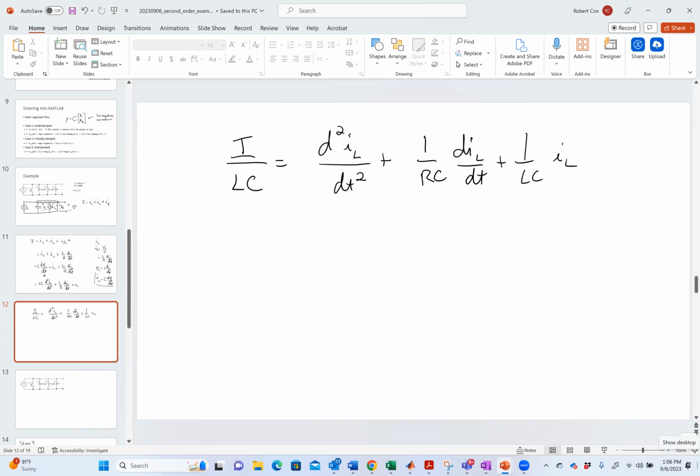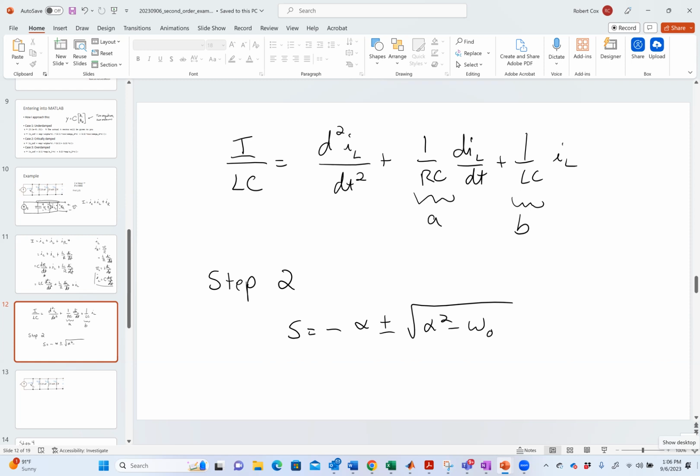Now, in my terms, I call this A and I call this B, right? I've got my differential equation, and I go to my step 2, which I'm not going to solve right now, because that's just a math step. Step 2 is to look to see if this is overdamped or underdamped. I have s equals negative alpha plus or minus the square root of alpha squared minus omega naught squared.